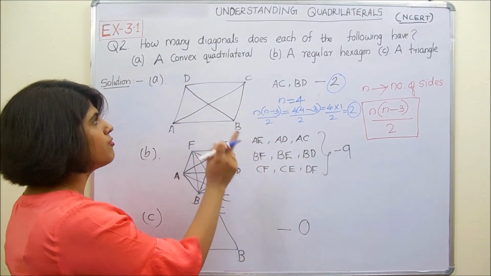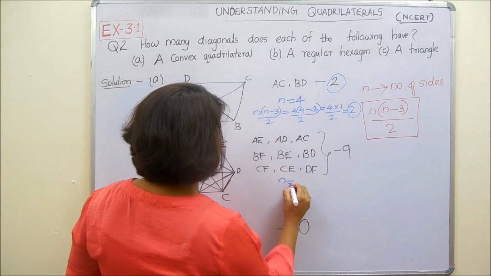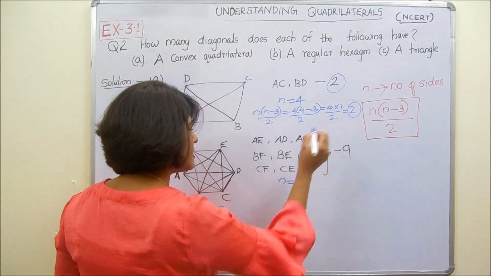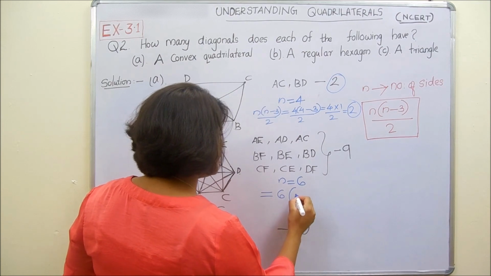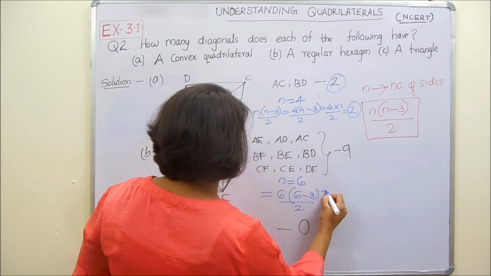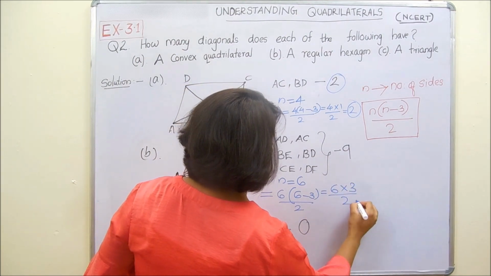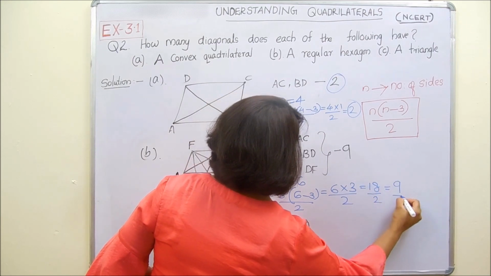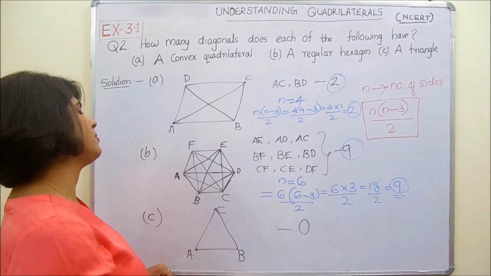In the case of a regular hexagon, n equals 6, since a hexagon has 6 sides. Substituting in the equation, we get 6 into (6 minus 3) divided by 2. That is 6 into 3 divided by 2, that is 18 divided by 2, which equals 9. The same answer we got.